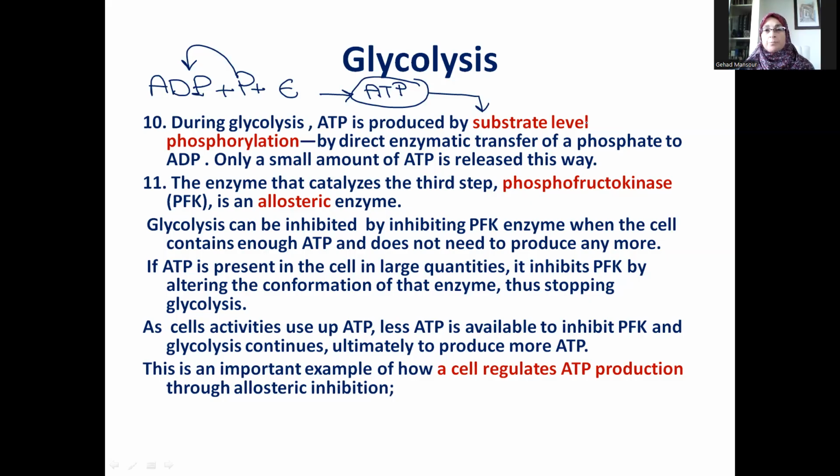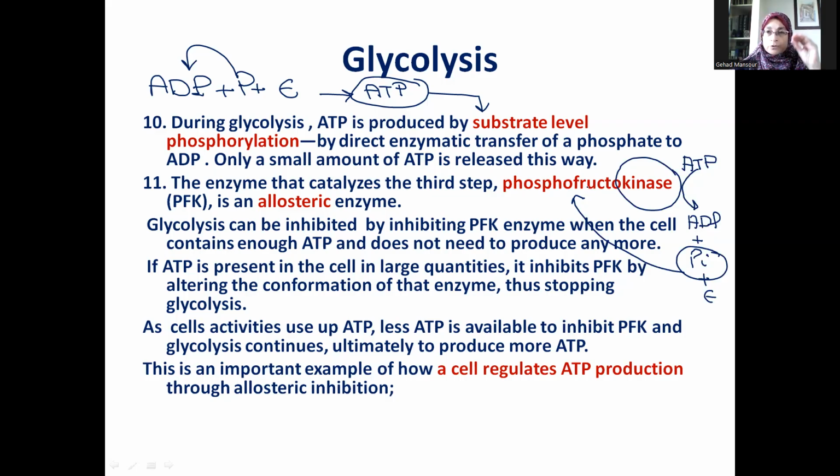In number 11, we discuss the enzyme that is called phosphofructokinase. Of course, as its name indicates, it is a kinase enzyme, meaning that this enzyme will break down an ATP molecule to convert the ATP into ADP plus inorganic phosphate plus energy, and then this phosphate will be used to phosphorylate an already phosphorylated substrate, which is fructose 6-phosphate.